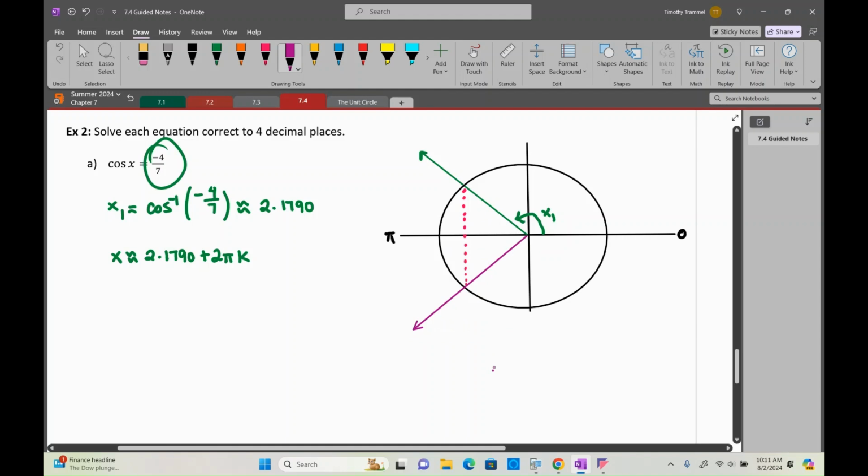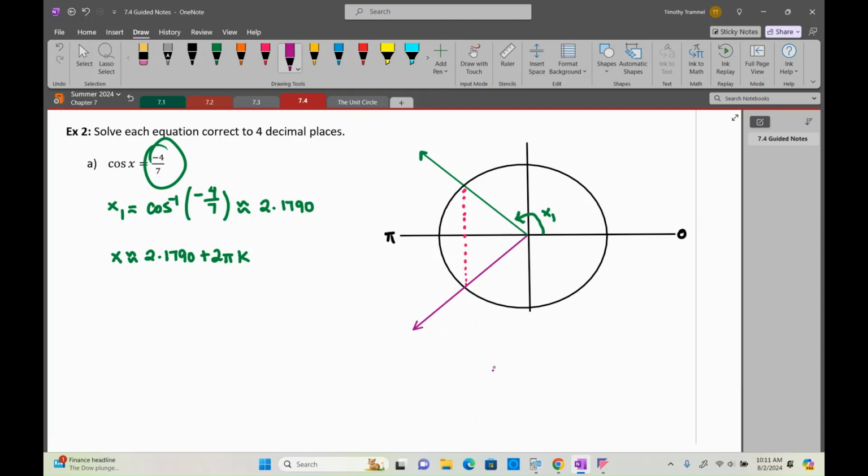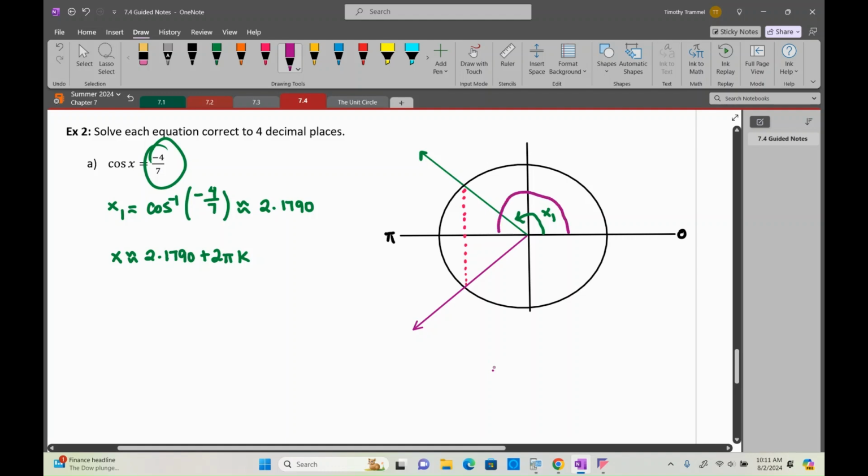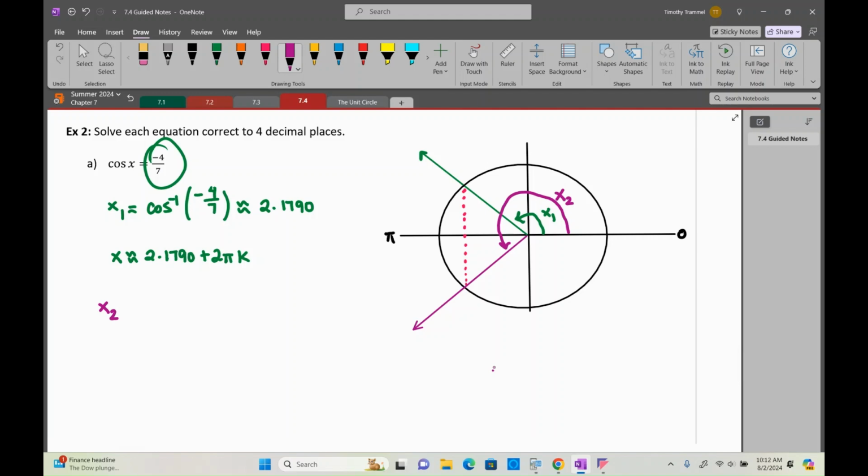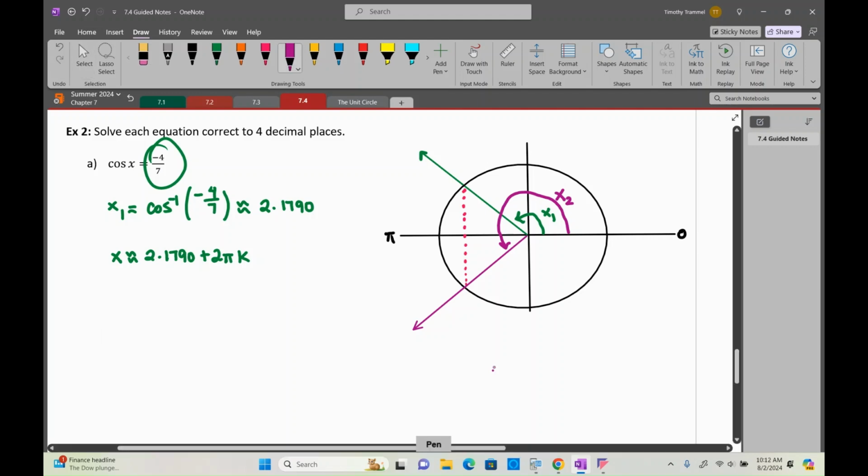Okay. So we're going to be looking for what we need to do to rotate all the way over here to this spot, x2. Okay. So to find x2, we could just simply take, or actually, I want to point out something here.